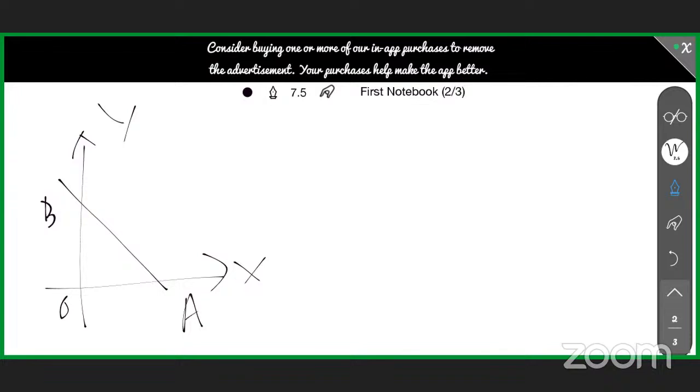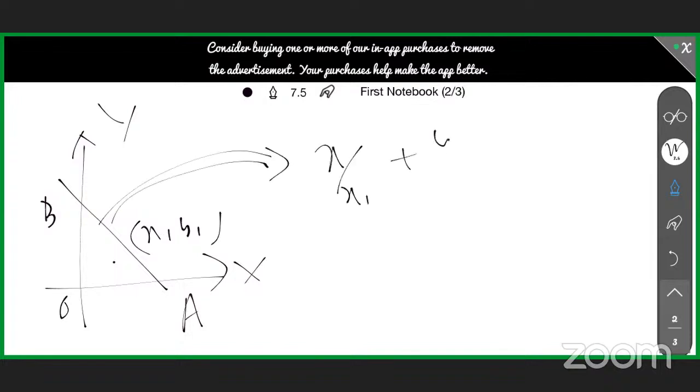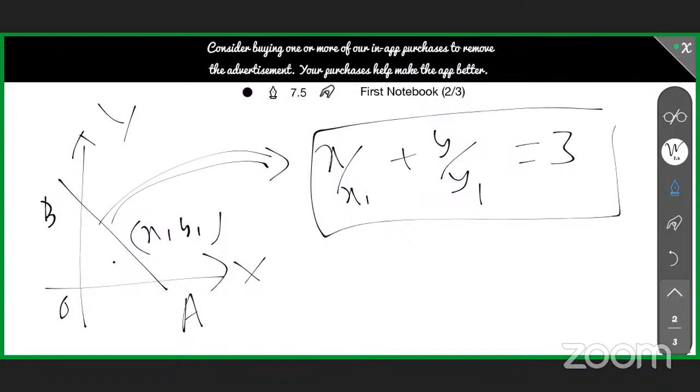Then the centroid of this triangle is given by some x1, y1. Then the equation of AB is given by x by x1 plus y by y1 is equal to 3.